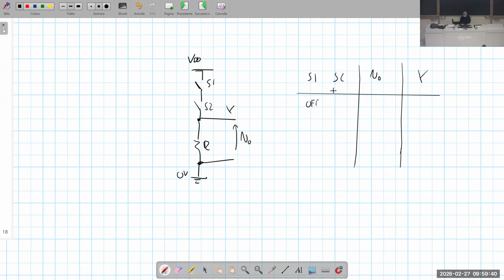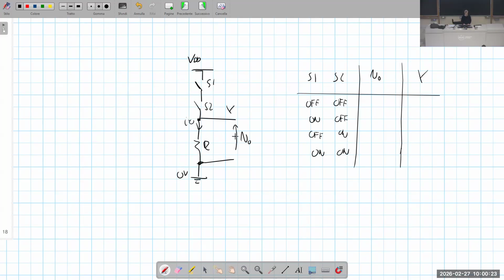We may have S1 off and S2 off, S1 on and S2 off, S1 off and S2 on, S1 on and S2 on. If both S1 and S2 are off, what about VO? There is no connection to the supply, so the current flowing in the series S1, S2 is 0, I is equal to 0.